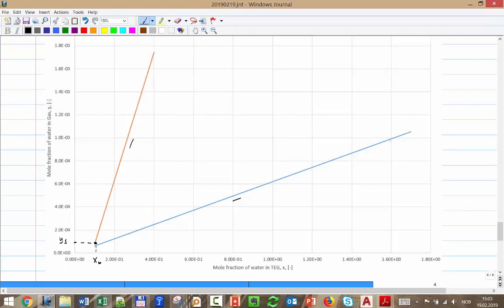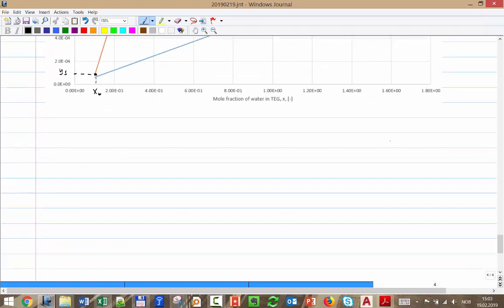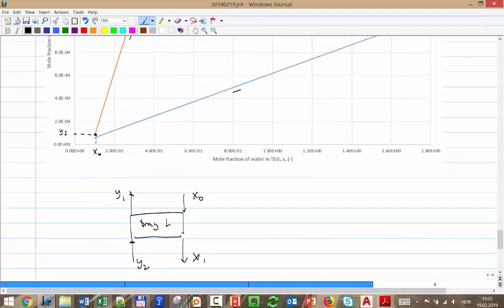This y1, if you remember, let's make the plot. We have the tray number 1, and here we have y1, we have x0, and we have y2 and x1. Therefore, x1 and y1 are in equilibrium. So with that, I find x1. There I have one tray.